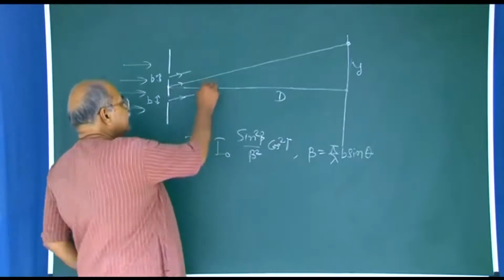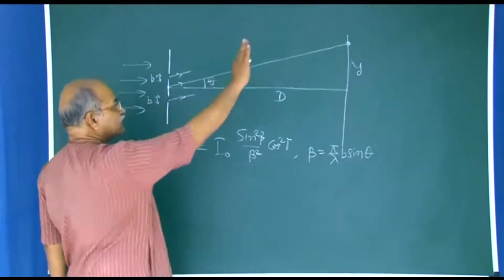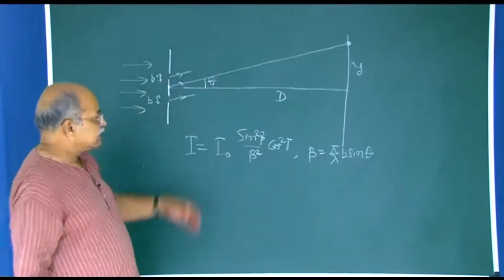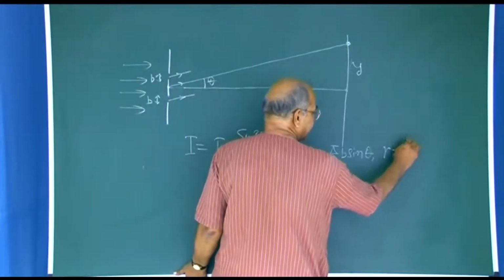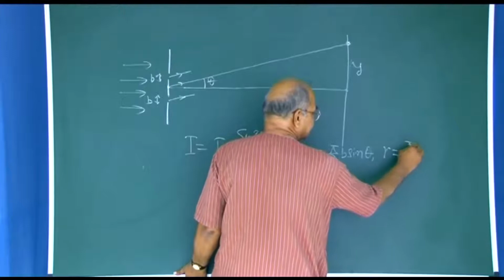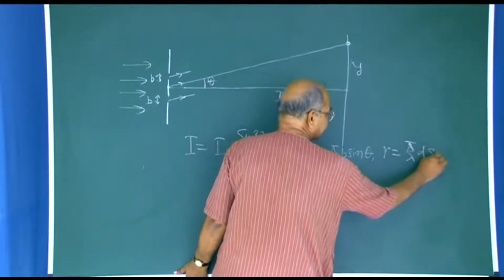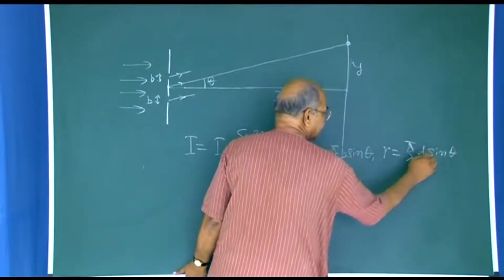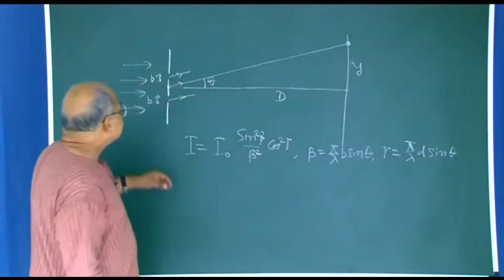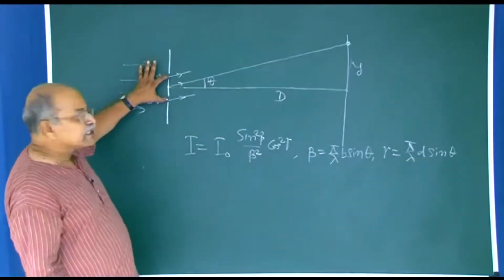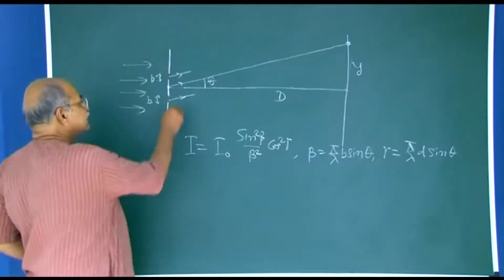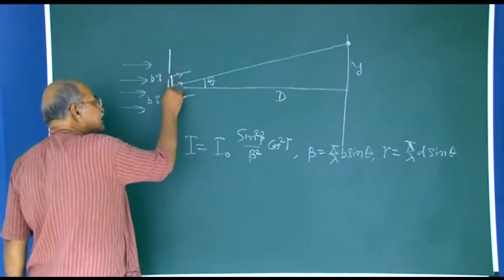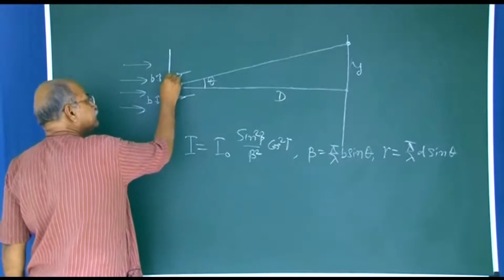Theta is the angle at which you are looking at the intensity, and you have gamma here, which is pi by lambda d sine theta. So another new variable comes in, d, and that d is the center to center separation between the two slits. From this center to this center, this is d.